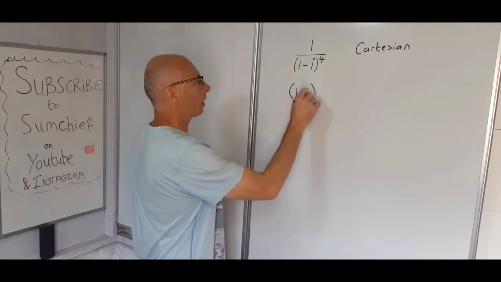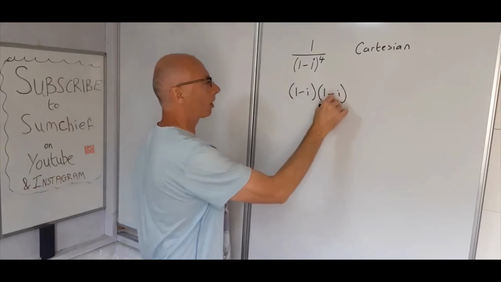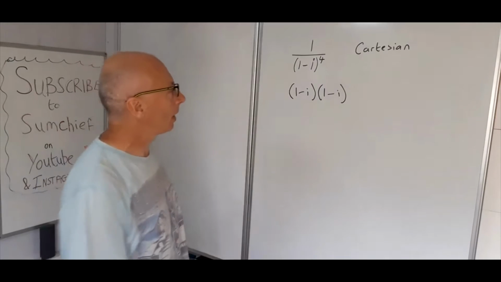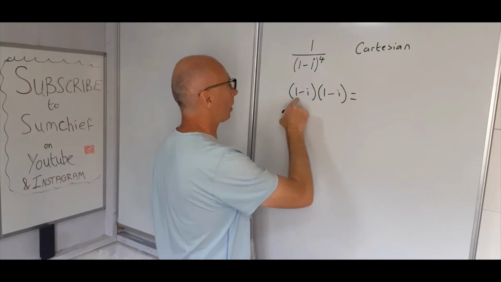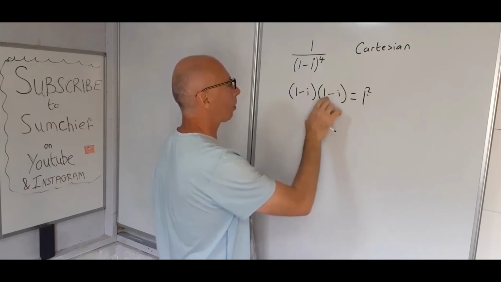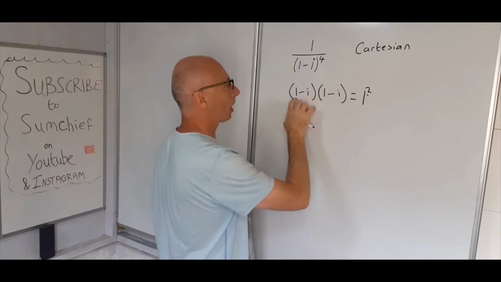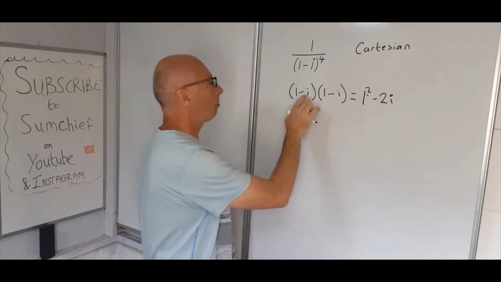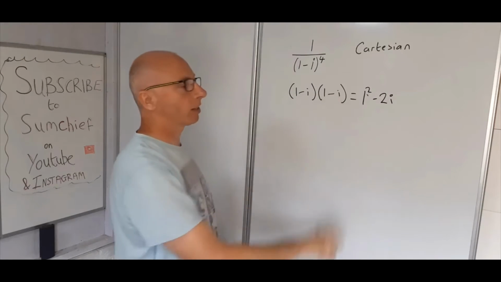So (1 minus i)(1 minus i), that's the same as (1 minus i) squared. So let's FOIL that out. We get 1 squared minus i times 1 and a minus i times 1 here. That's minus 2i. And then minus i times minus i.